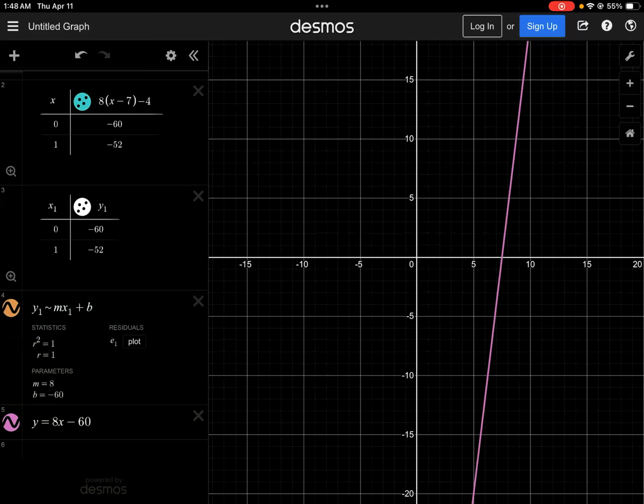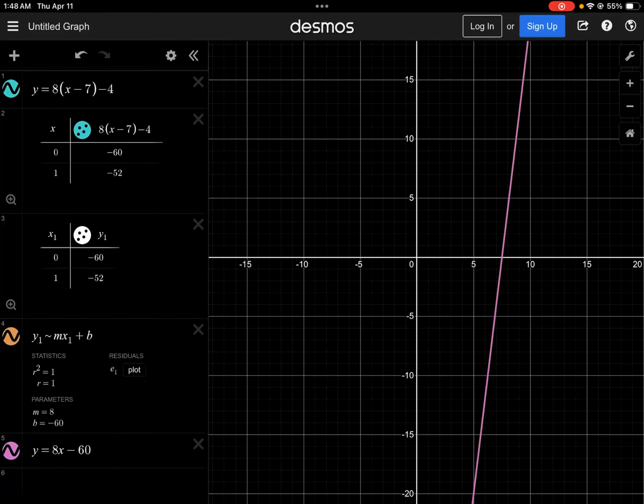All right. So this is the thing that you need to do on the graphing calculator in order to find that the given y equals 8, x minus 7 in parentheses minus 4, the corresponding equivalent slope intercept form is y equals 8x minus 60.